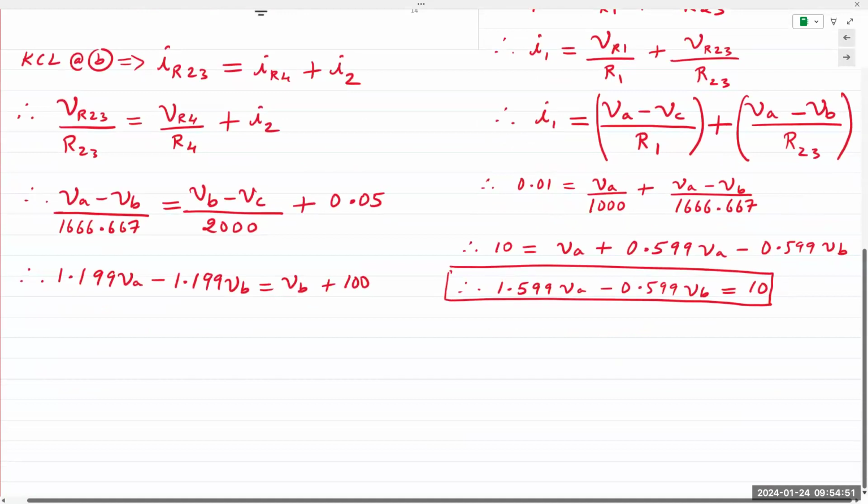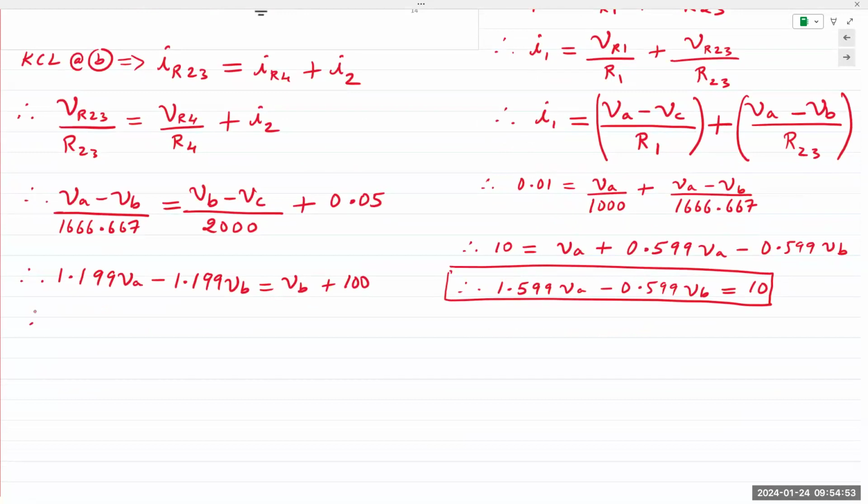If I take it on the other side, I would get 1.19 VA minus 2.199 VB is equal to 100.